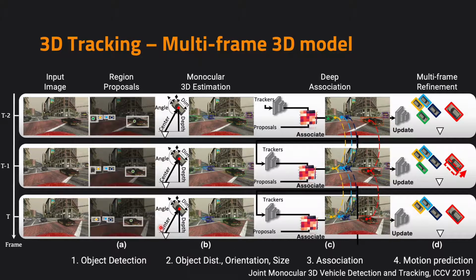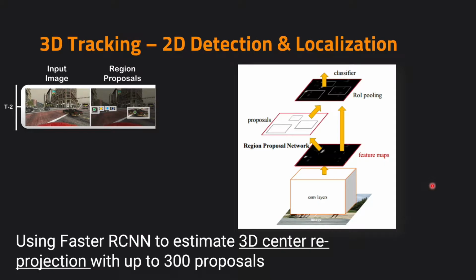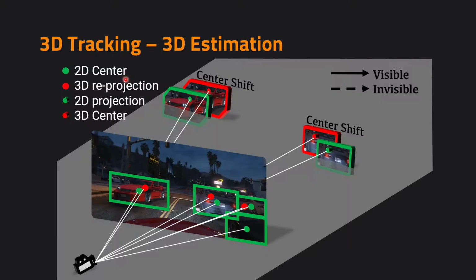And when we have even more frames, we can find better 3D trajectories for the objects just by analyzing their motion. And again, here we can use Faster RCNN as a base building block to locate objects, find the information for each region, and build the representation for each object.